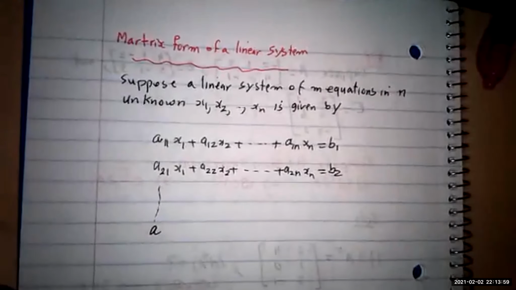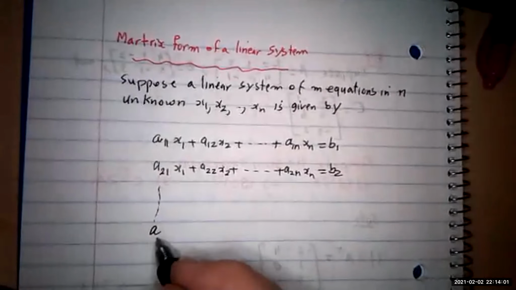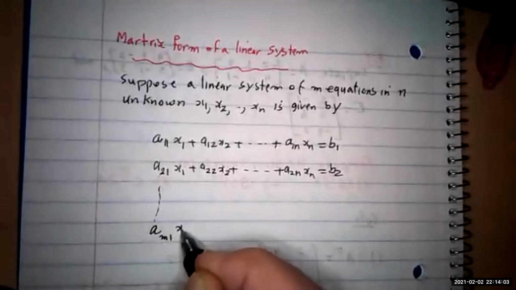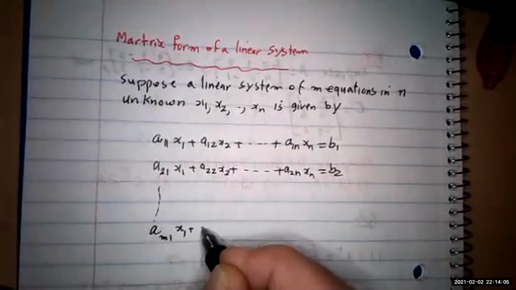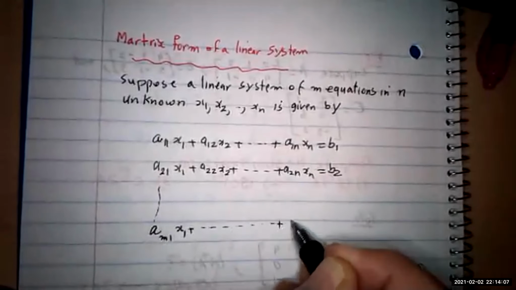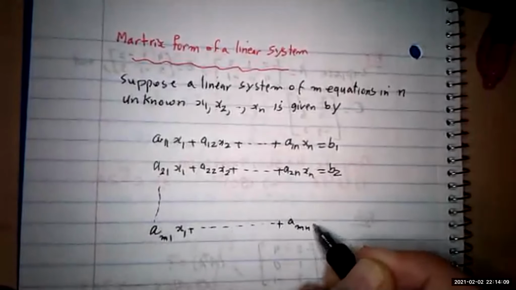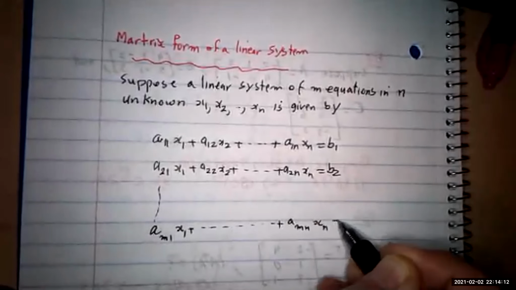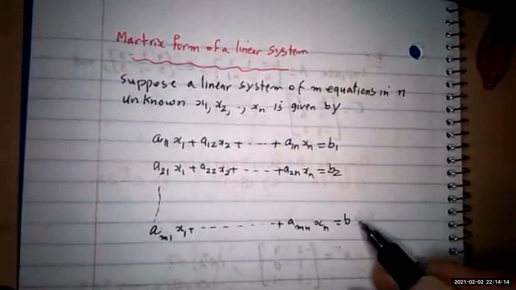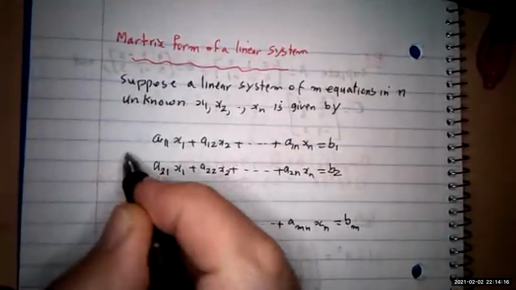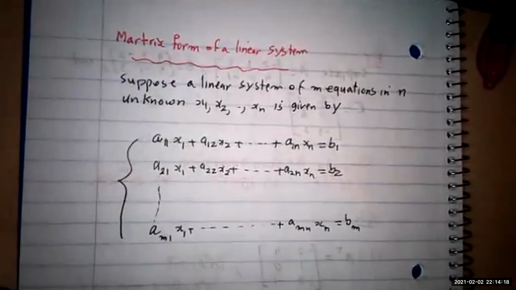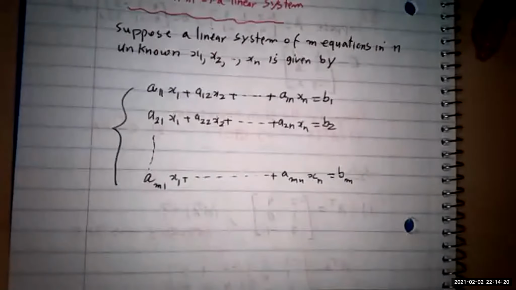Remember we have m equations, so it is going to be am1 x1, then that takes us to amn xn, and this is equal to bm. So that is a system of m equations in n unknowns.